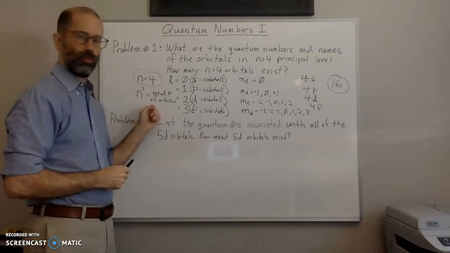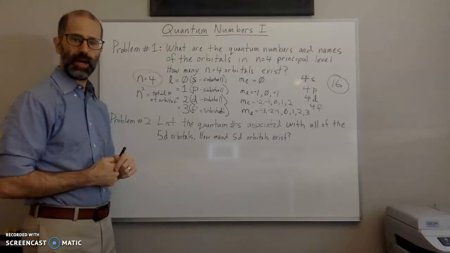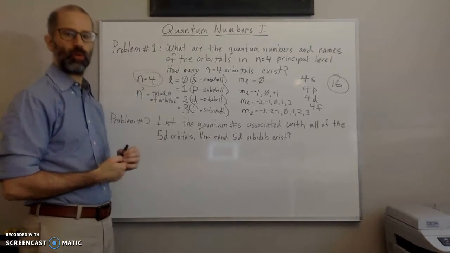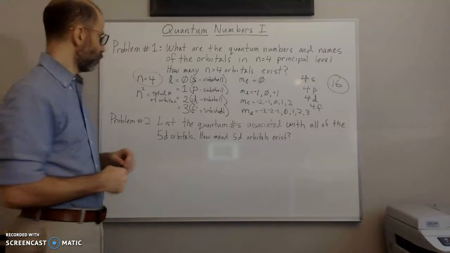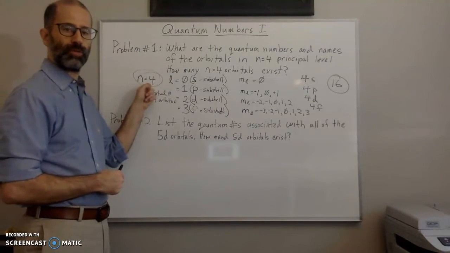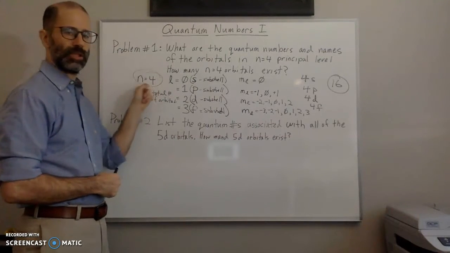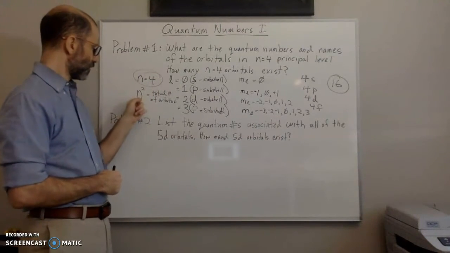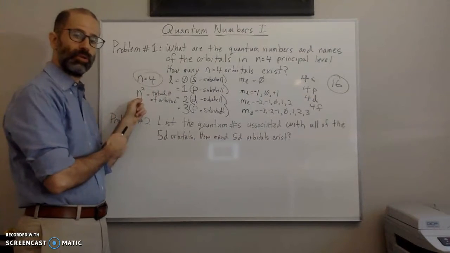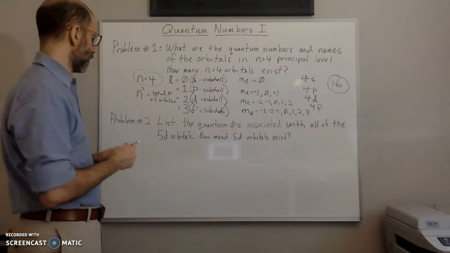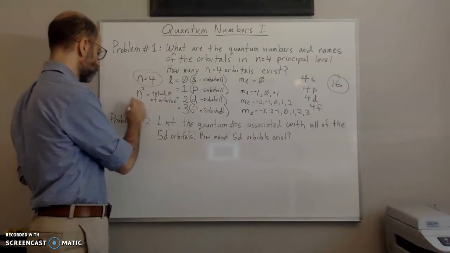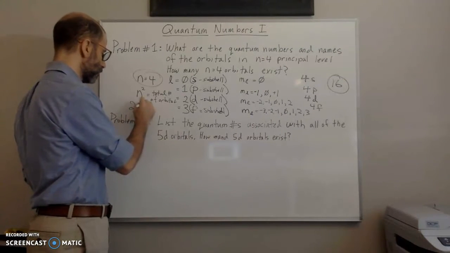Now, one of the things that we're going to learn later on is that each orbital can hold a maximum of 2 electrons. So if you wanted to know what the total number of electrons at an energy level is, then if this gives you the total number of orbitals, and each orbital can hold 2 electrons, then the total number of electrons would be 2 times n squared.